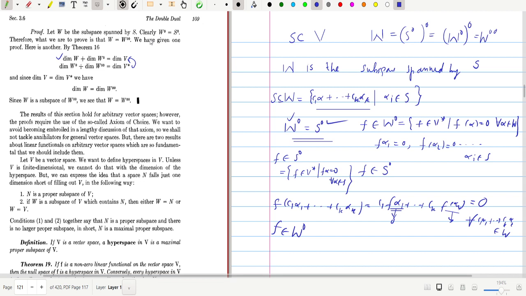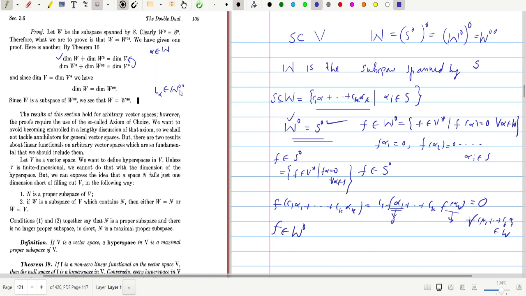This is because if you start with an element alpha belongs to W, we need to prove that this alpha belongs to W double naught. Instead of proving alpha belongs to W double naught, we will prove that the corresponding L alpha belongs to W double naught. This is the requirement. Okay, so first we identify this alpha as L alpha in V double star.